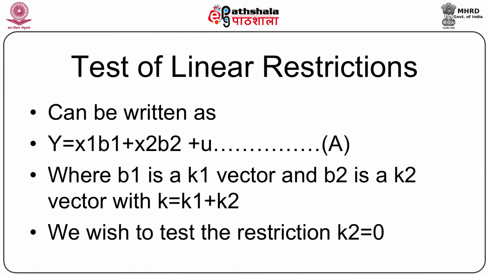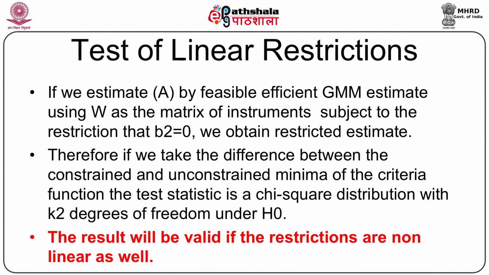And we would like to test whether b2 takes the restriction b2 = 0. So what we do is first estimate the model x1 b1 + x2 b2 + u, and then after estimating the parameter b2, you test the restriction b2 = 0.